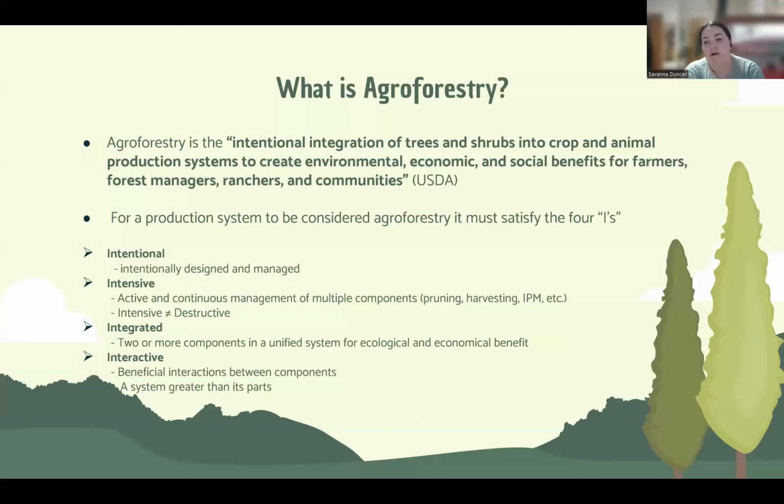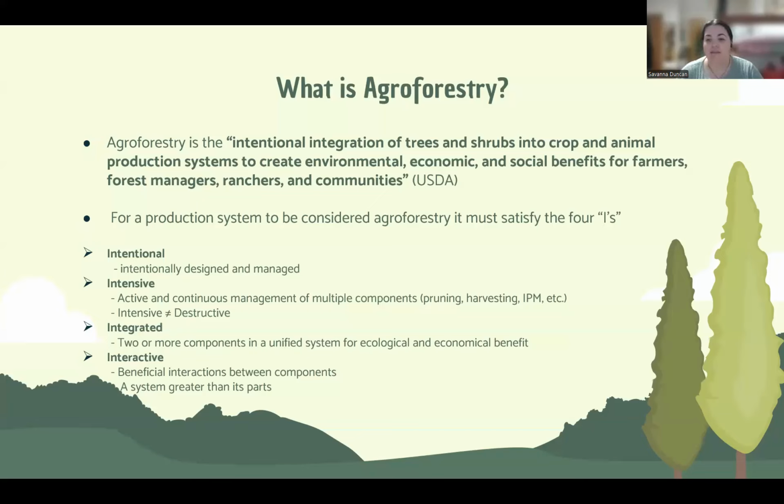Trees and crops are not in competition in this system, and they're designed to benefit each other through nutrient cycling, microclimate improvement, and erosion control. And finally, interactive. Agroforestry systems are managed to encourage beneficial reactions between the components. The idea here is to build a system that's greater than its parts, boosting productivity, resilience, and sustainability.